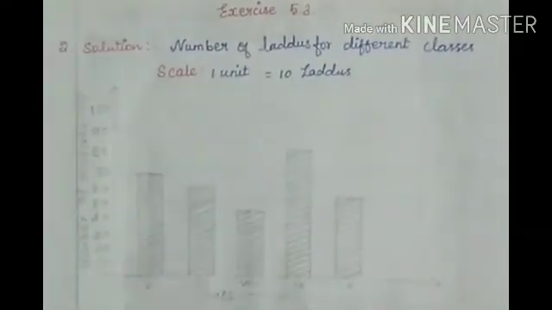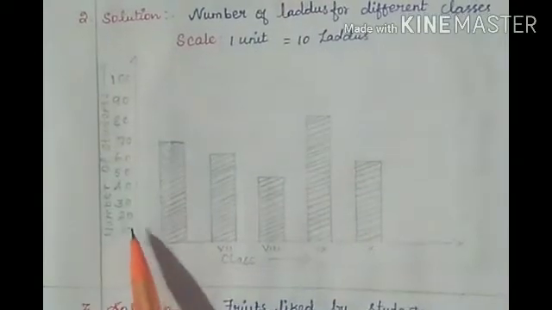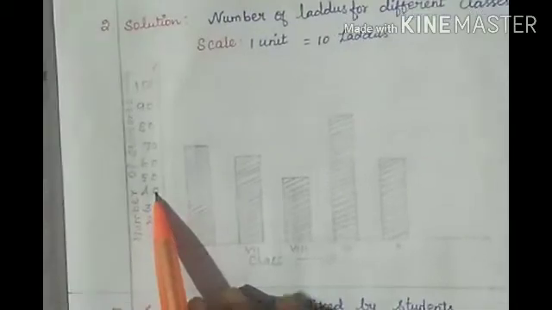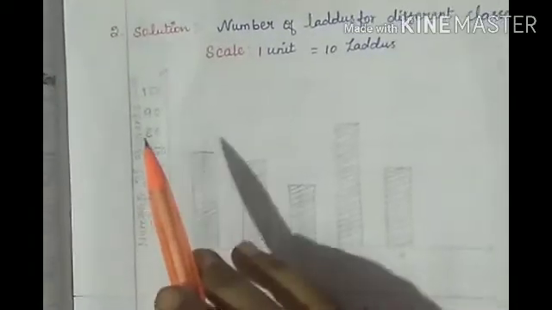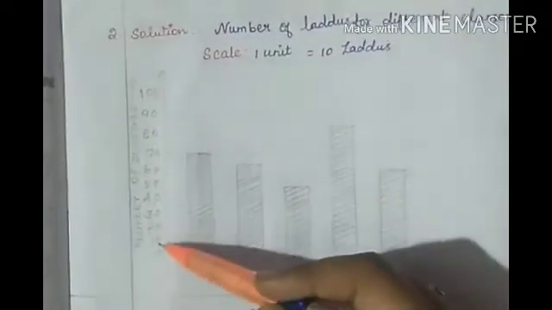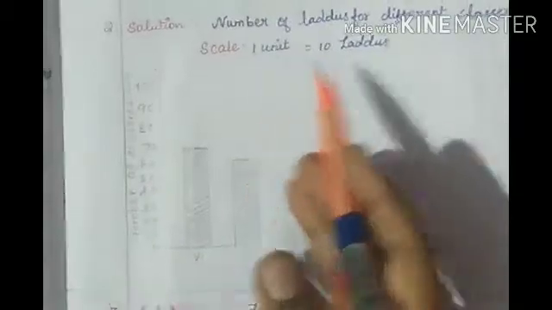With the help of that, 1 unit equal to 10 laddus, we are going to frame this. 0, 1 unit is nothing but 10. 2 units means 2 into 10, 20. 3 units, 3 into 10, 30. 4 units, 40, 50, 60, 70, 80, 90, 100. Like that you have to write 0 to 100 on this side.